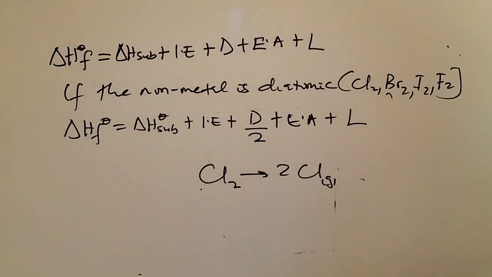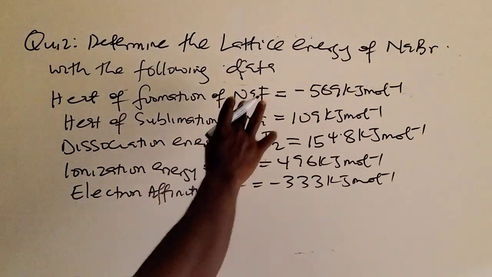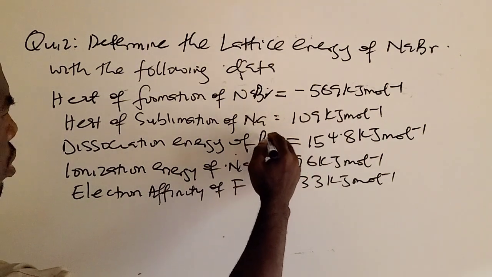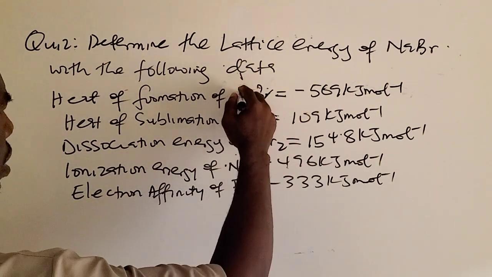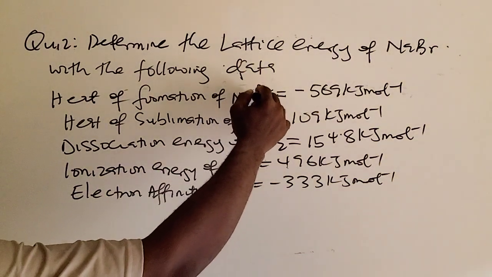So let's look at some examples now. Look at the question on the board that says determine the lattice energy of sodium bromide, with the following data: heat of formation of sodium bromide, NaBr, is minus 569 kilojoule per mole.